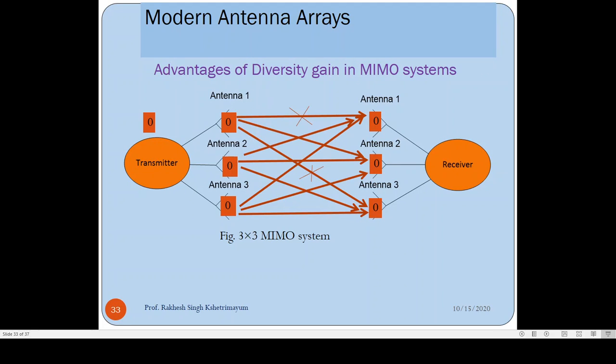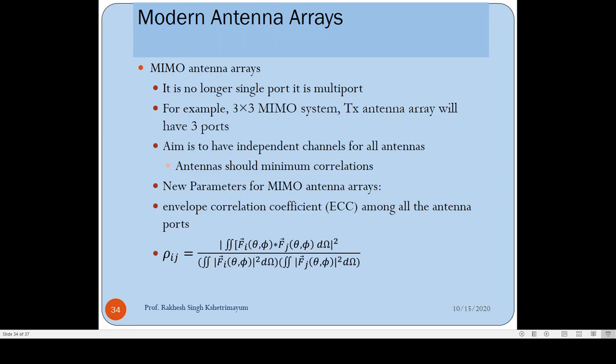So the parameters for designing the modern antenna array turn out to be different. For example, if you consider a MIMO antenna array, we have different parameters for designing MIMO antenna arrays. One parameter we consider is called the envelope correlation coefficient.